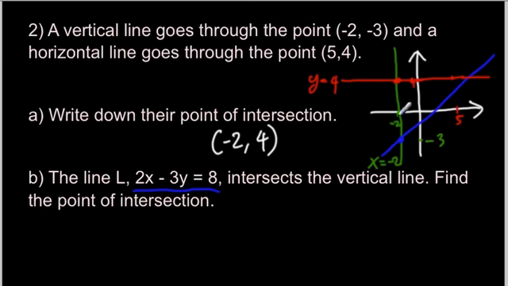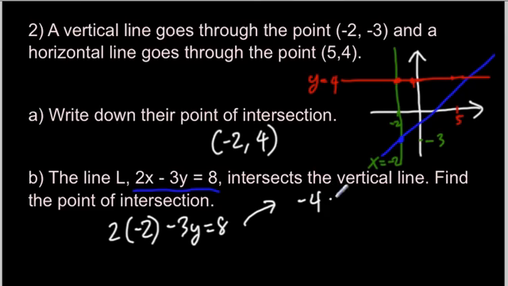So we know that x equals -2, so all we have to do is plug that in right there and solve for y. So if I do that, it's 2 times -2, because x is equal to -2 right here, minus 3y is equal to 8, right? So I can solve that as -4 minus 3y is equal to 8.